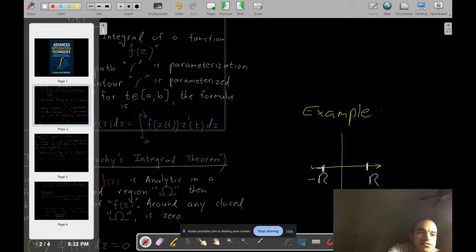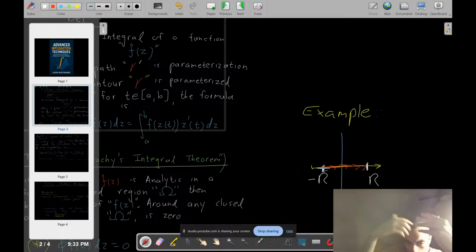My semicircle travels along, and the parameterization starts from minus r to r, like this.